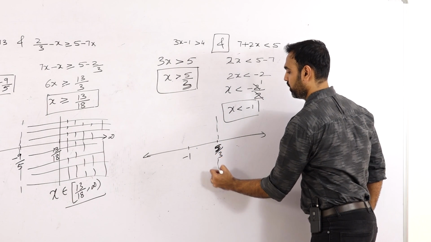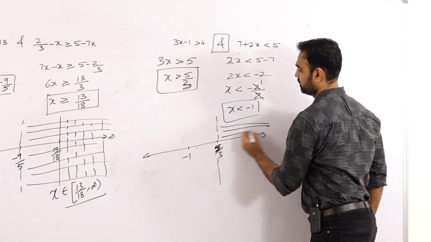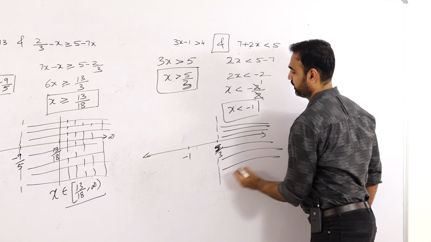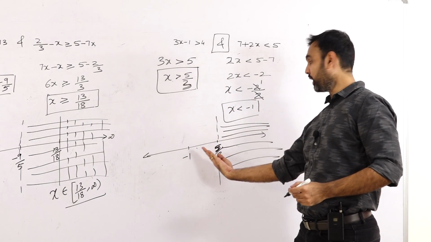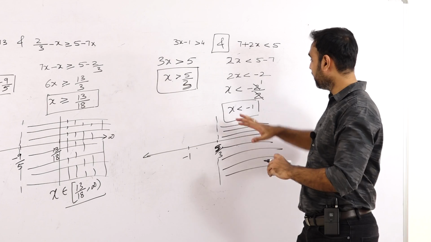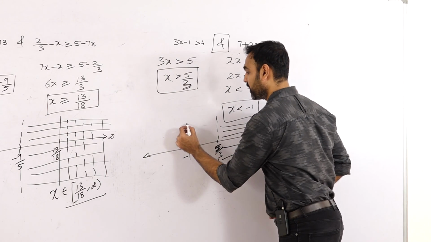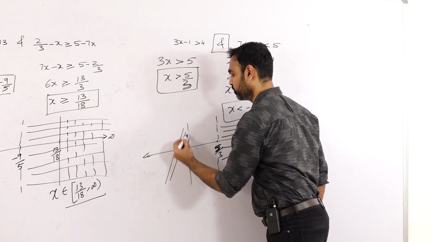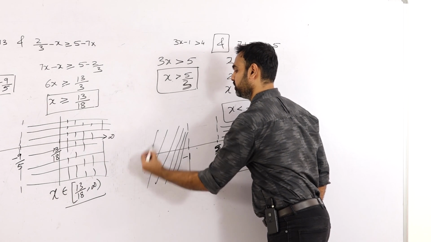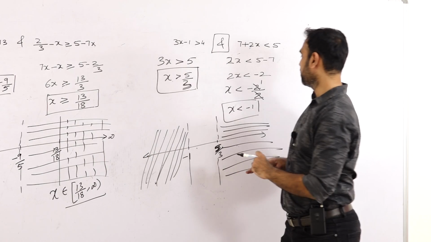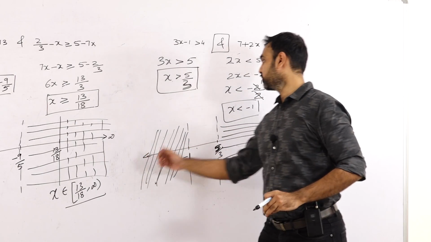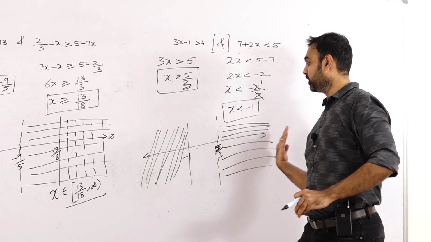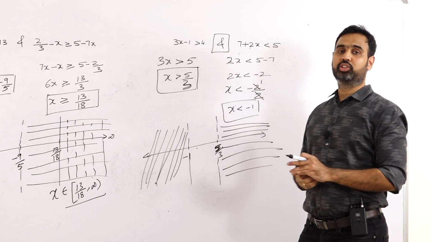I will draw in purple. This is the region described by x greater than 5 by 3. Anything greater than 5 by 3 is to the right of 5 by 3. And less than minus 1 means something which is to the left of it. Let me draw slant lines to describe this region. So less than minus 1, everything to the left of minus 1. This is greater than 5 by 3, everything to the right of 5 by 3.